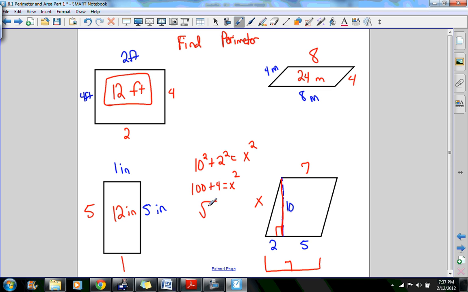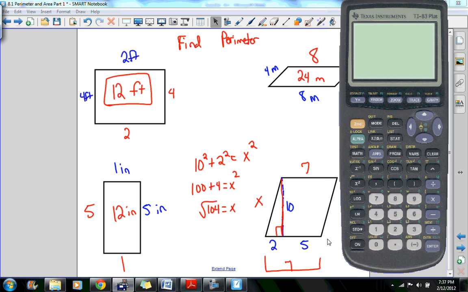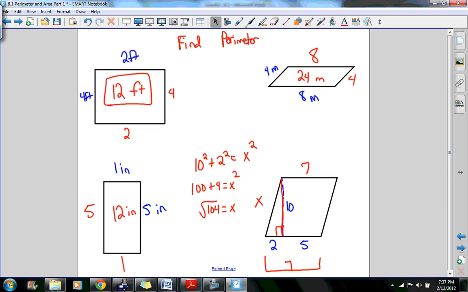Therefore, if I do the square root of 104, that'll equal x. And because we're working with these types of problems, we're definitely going to be rounding. Looks like it's about 10.2. So let's put that up here, 10.2.